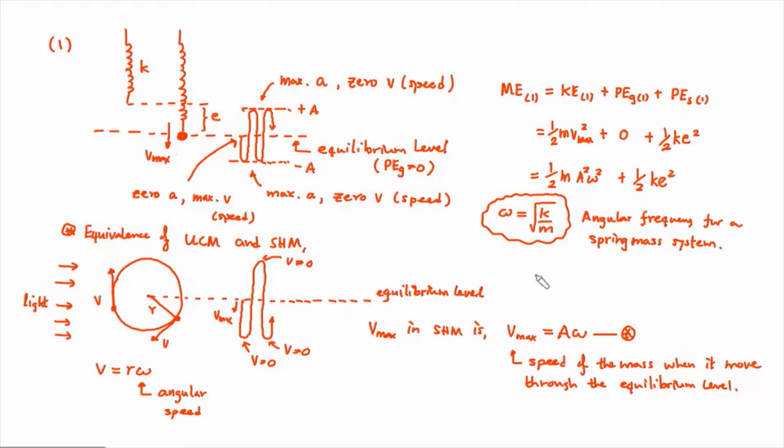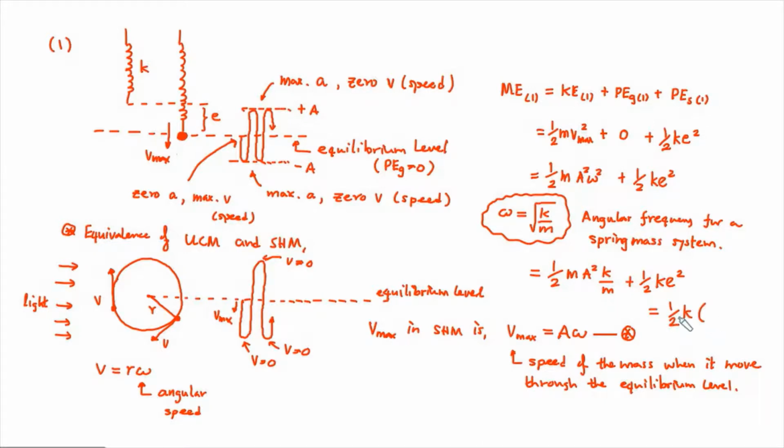So after substituting for omega, you are going to get 1/2 m A squared. So you can square this term omega squared, so that would be k over m, plus 1/2 k e squared. Then you can simplify this further. m cancels out, and then you can factor out 1/2 k.